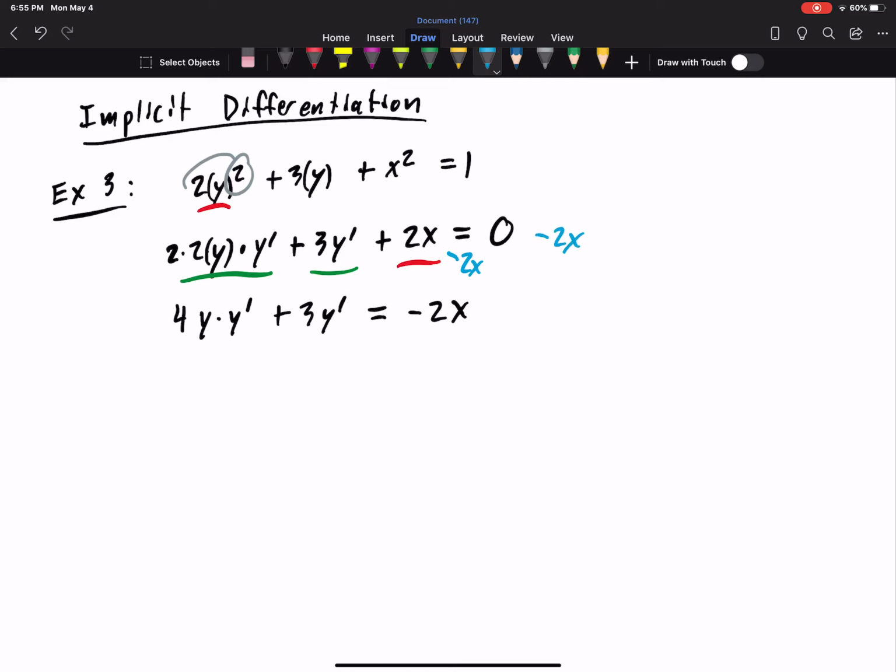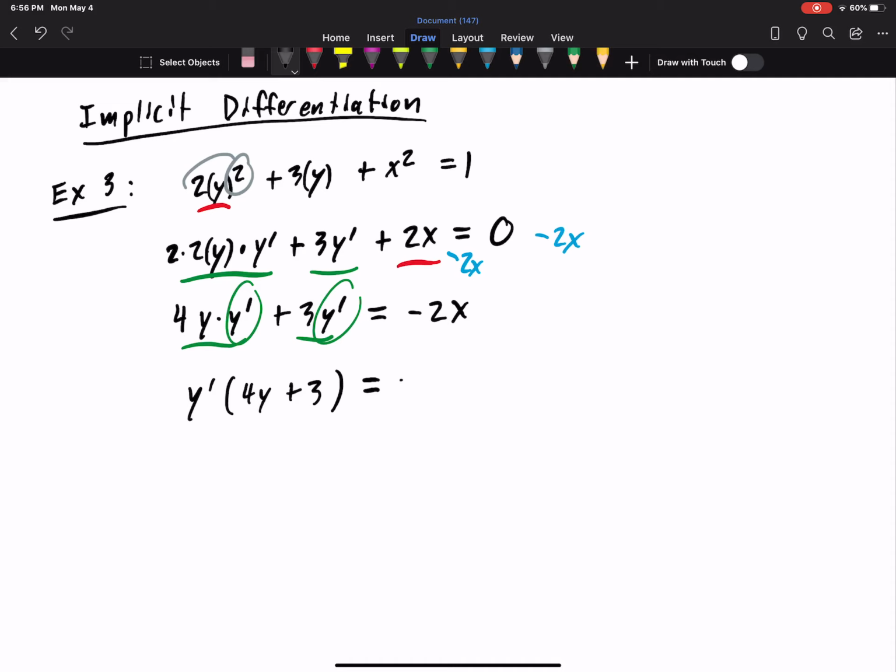Okay, so far so good. So then notice that everything on the left-hand side has a y prime in common. So then what we're going to do is factor out that y prime. So we're going to factor out this guy and we're going to factor out this guy. So what does this give us? Gives us y prime times 4y plus 3 because we pulled out the y prime.